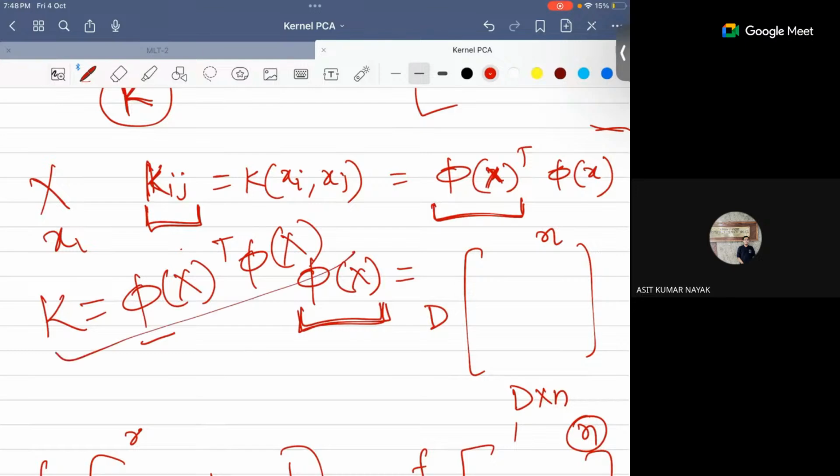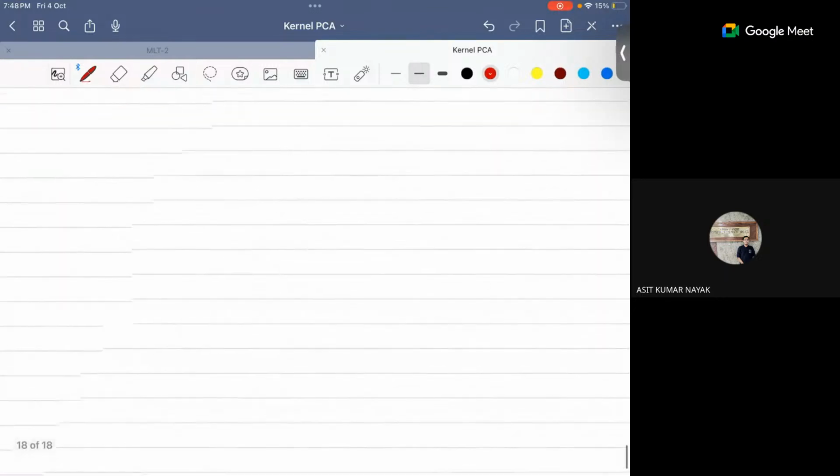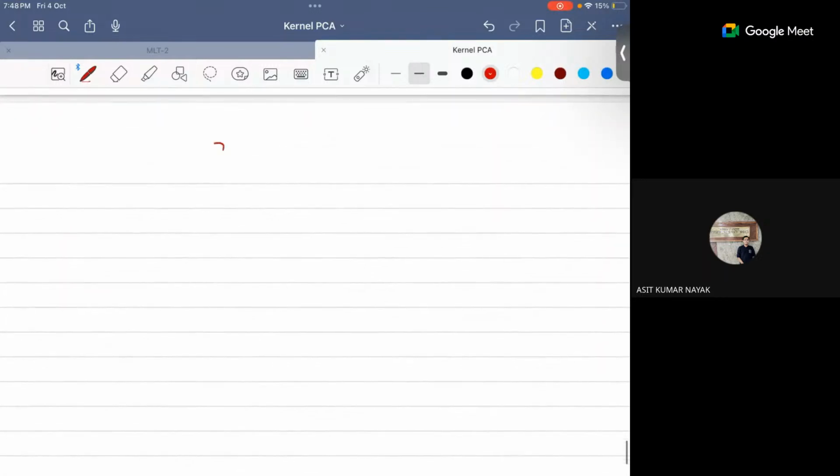The whole K matrix will be in the form of, this was D cross N, this is N cross D. So your whole matrix will be N cross N. Because what I was saying in the starting, if I am going from some smaller dimension D to capital dimension D, that is a very big dimension, right? So we are going from small to very big dimension.